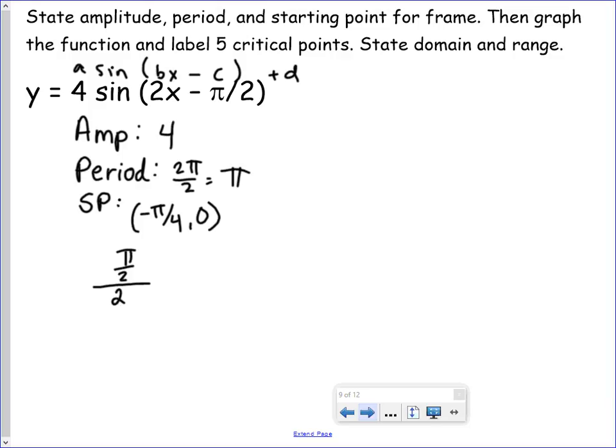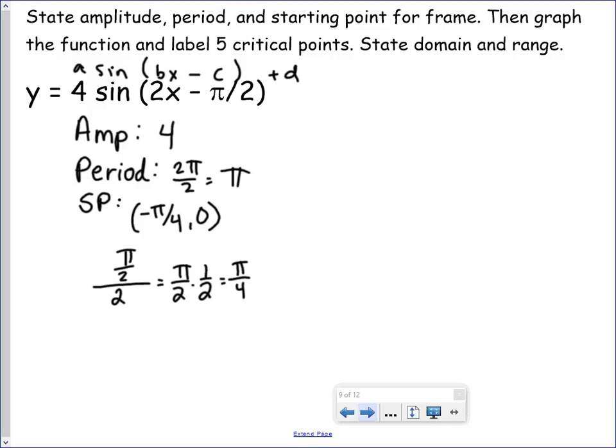When you divide by 2, what are you really doing? Multiplying by the reciprocal, which the reciprocal of 2 is 1/2. So if you divide by 2, a whole number, now you're multiplying by 1 over 2, and that's where Eric gets the pi over 4. You had negative pi over 4, it should be positive pi over 4.